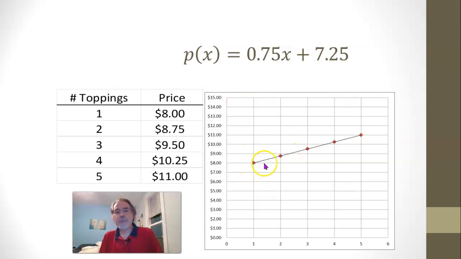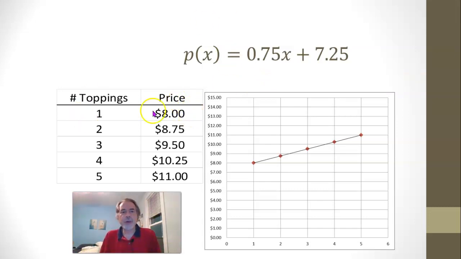And the fact that the points line up in a straight line makes this a linear function. Notice that with a linear function, the value of the function always goes up by the same amount.